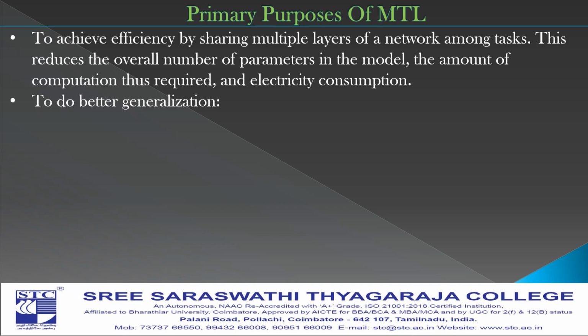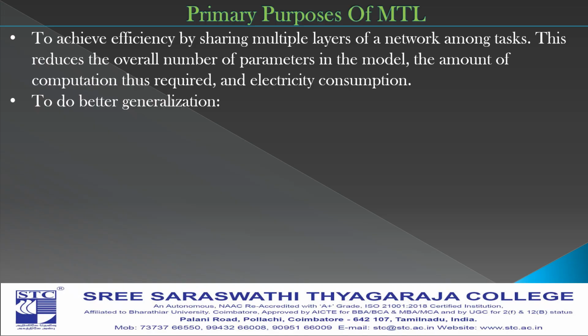But by combining these three or n number of related tasks into one unified model, we can share a lot of parameters and hence computations, and we can reduce the computations significantly. This in turn can lead to a reduction in the amount of resources consumed by this system. So this is efficiency, right?